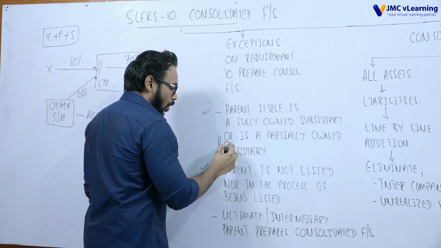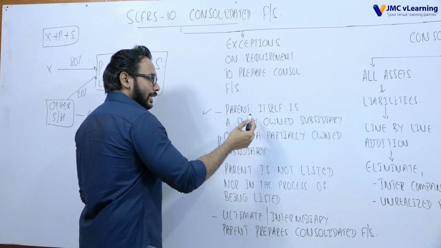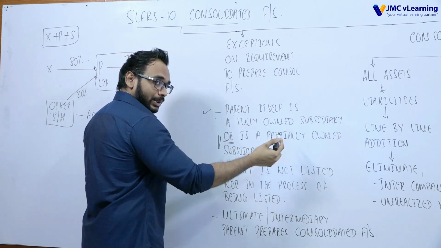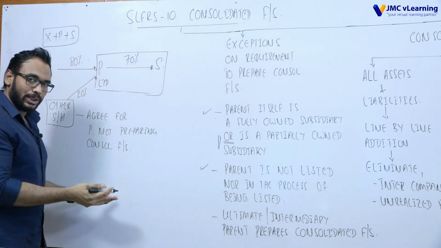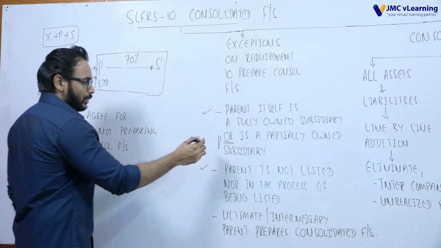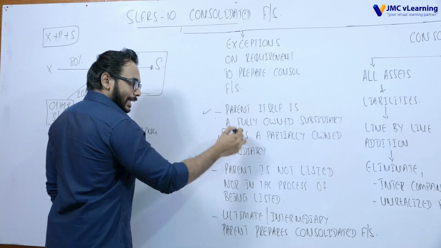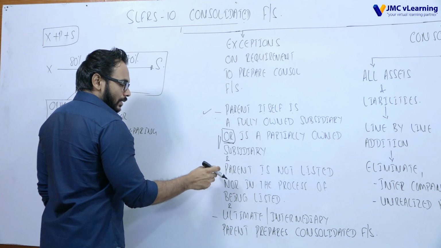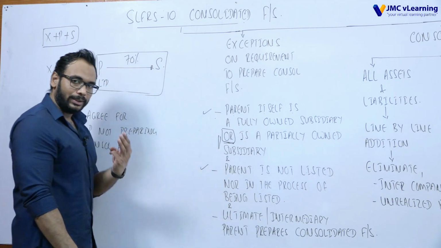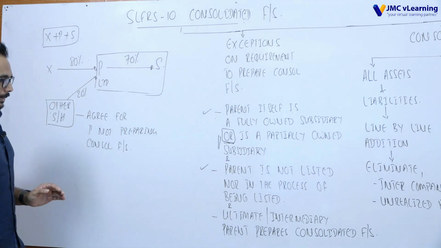That's why we have said or, right? Parent itself is either a fully owned subsidiary or a partially owned subsidiary. So parent can't be a fully owned and a partially owned subsidiary, obviously. So that's why we have used or here. Other than that, everything else is and. Criteria 1, criteria 2, criteria 3. All three have to be satisfied together.